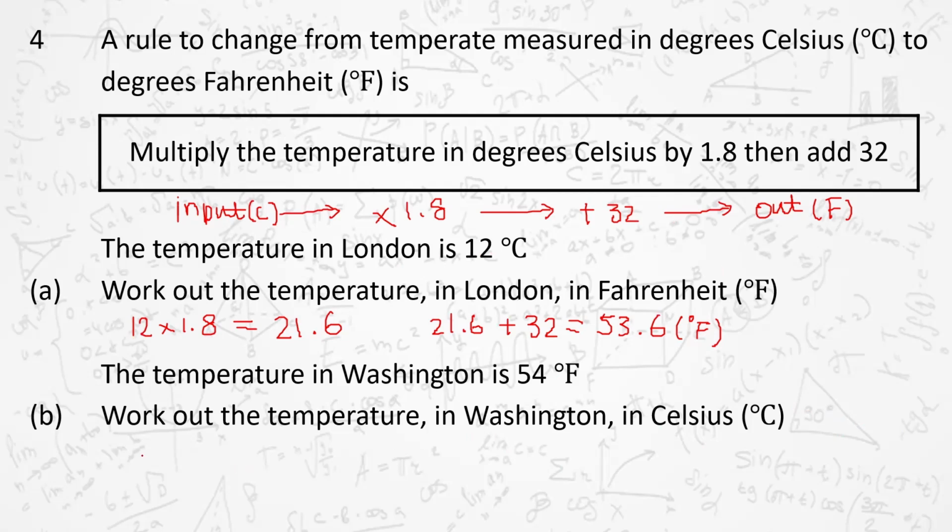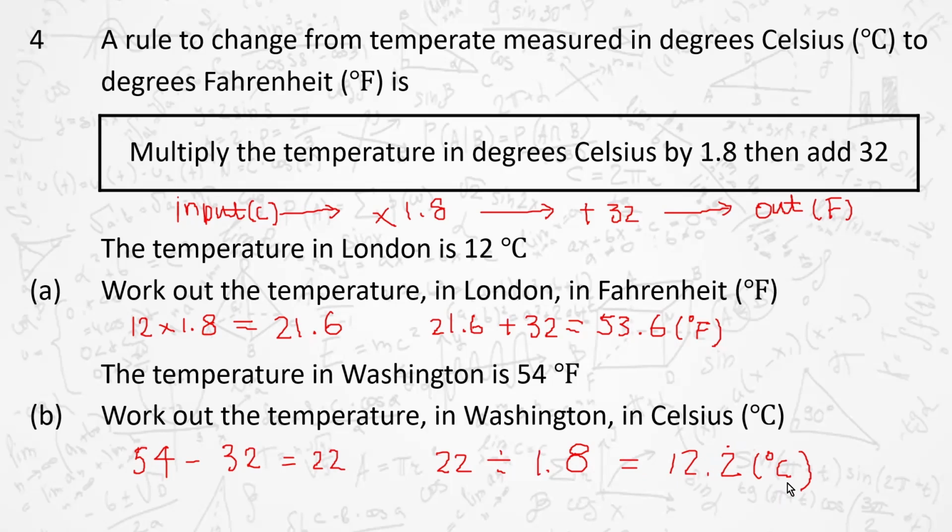So if I have 54 Fahrenheit, going backwards, instead of plus 32, we need to minus 32 first. So now we have 22. Then instead of times 1.8, we need to divide 1.8. Put that in the calculator. We'll have 12.2 recurring. So we're just gonna leave it like that. So this is 12.2 Celsius.